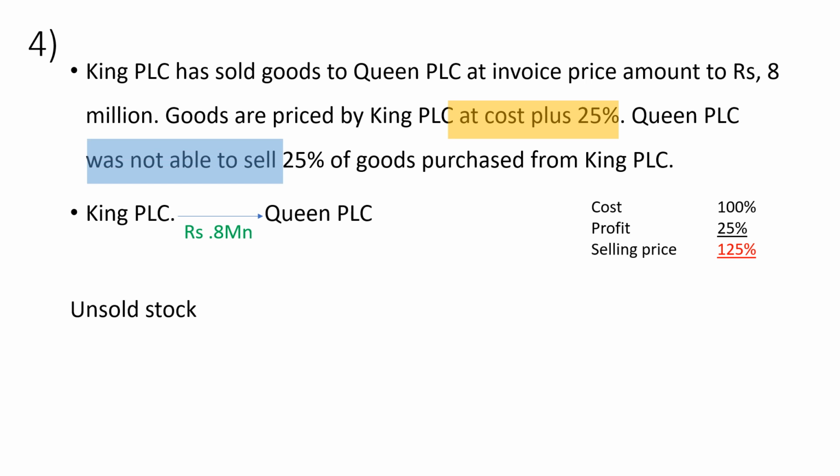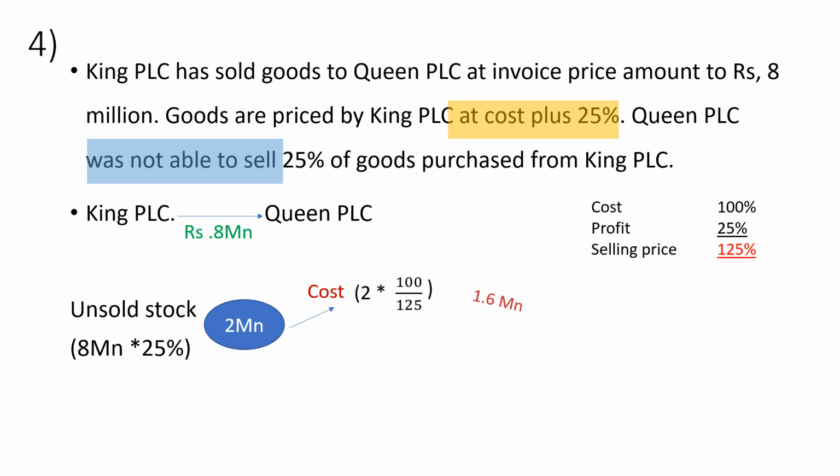In the unsold stocks, that is 25% of 8 million, which is 2 million. Now we have to recognize the cost value of the stock, which is 2 into 100 divided by 125. So the cost in this question is 1.6 million.